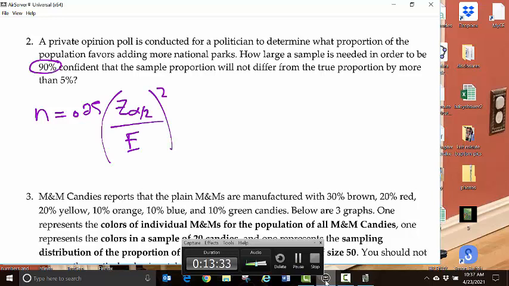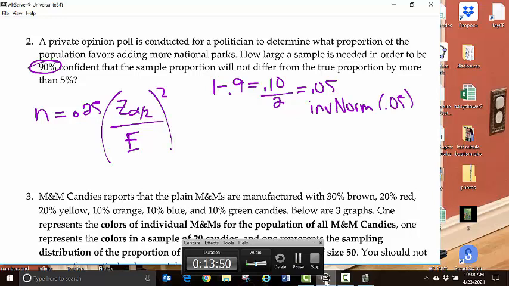We want 90% confidence, so that's how we get the z alpha over 2. 1 minus 0.9 is 0.10, divided by 2 is 0.05. Inverse norm for 0.05 comes out as 1.64 something, but I'm going to do it again real quick. Yep, 1.6448 or 1.645.